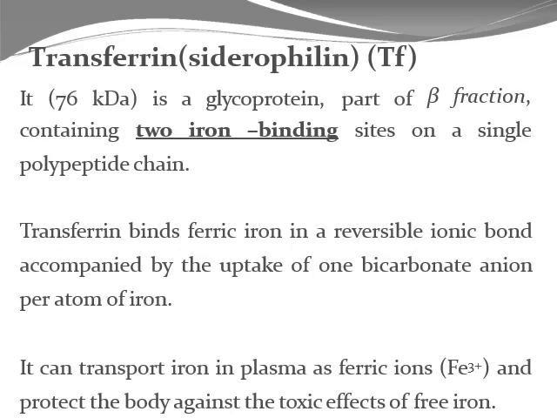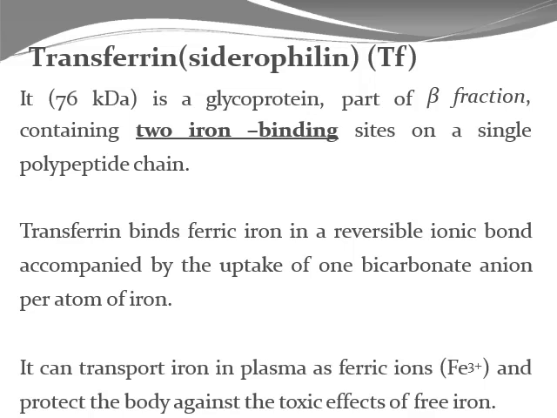The next plasma protein is called transferrin, also known as siderophilin. Again, it's a glycoprotein, of the subtype of beta globulin. It has 2 iron binding sites in a single polypeptide chain. Its role is mainly to bind with ferric iron.